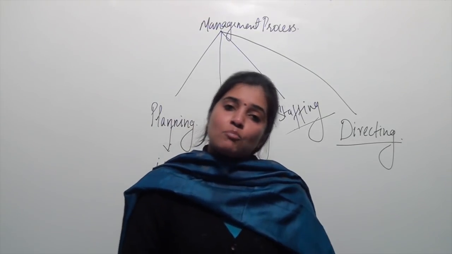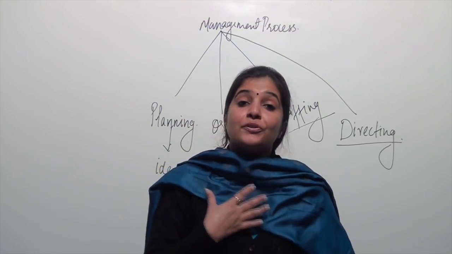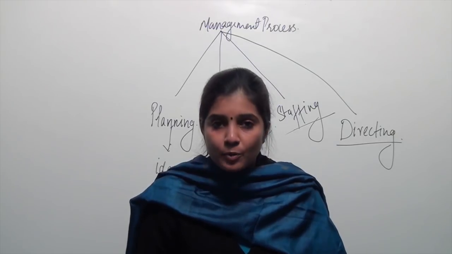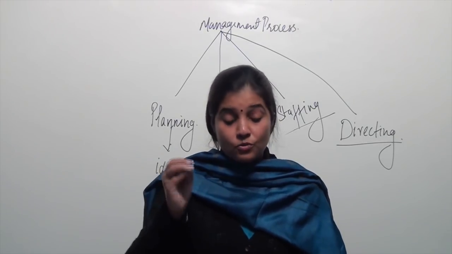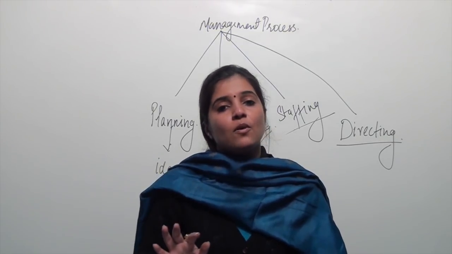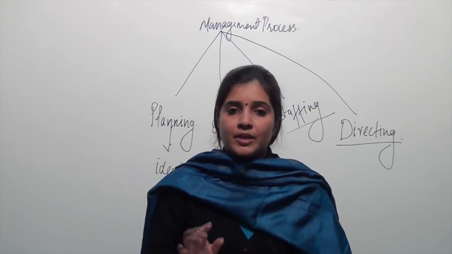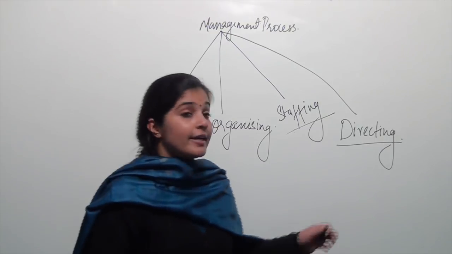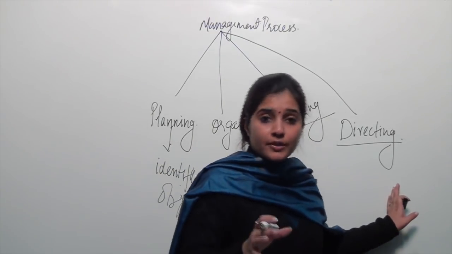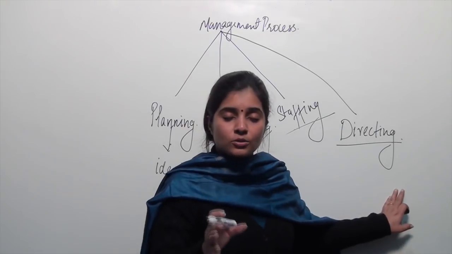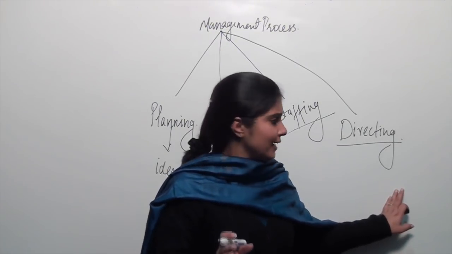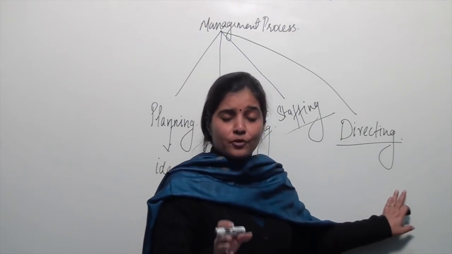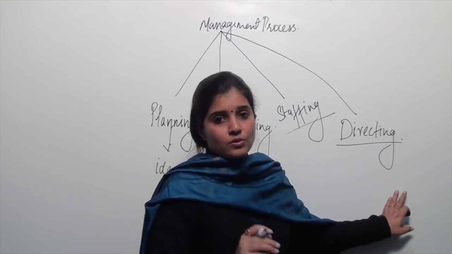As a manager, I'm going to lead and I'm going to motivate my employees to work towards fulfillment of the organizational goals. I'll have to create an environment which is conducive for them to work to the best of their abilities towards the fulfillment of the organizational goals, right?